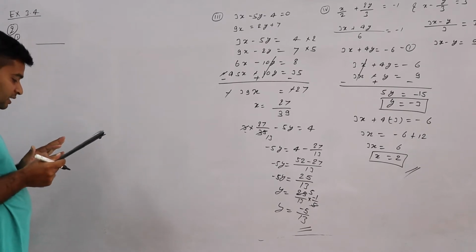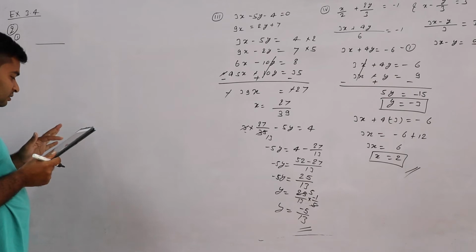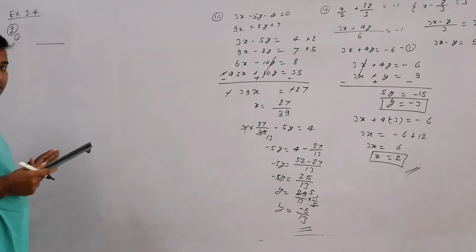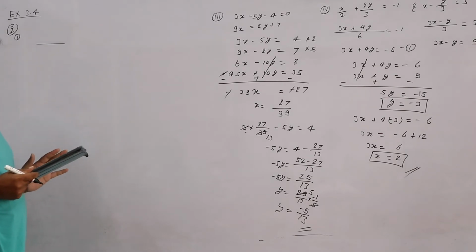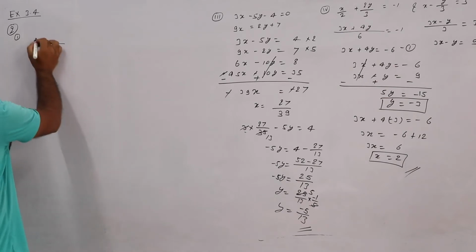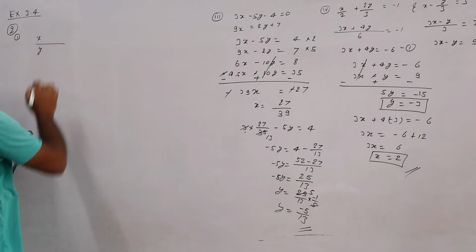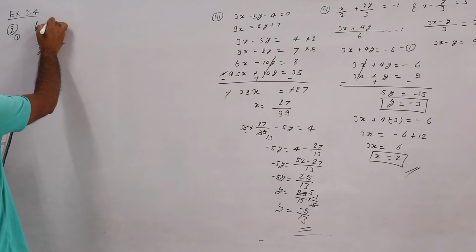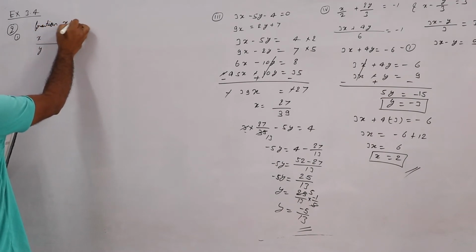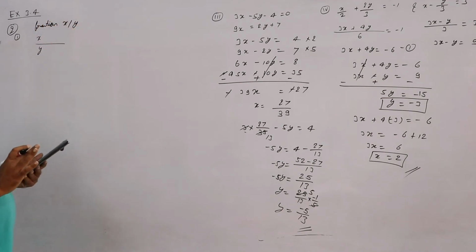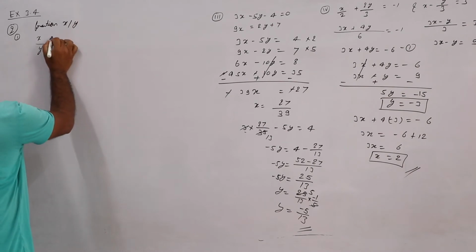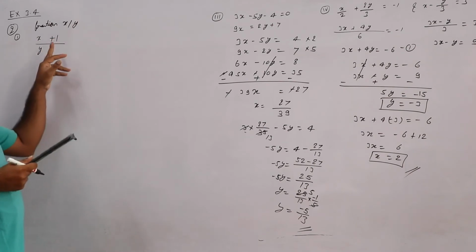Saying, if we add 1 to the numerator, so let the fraction be x by y. Yes na? Now saying add 1 to the numerator. Added 1 to the numerator.